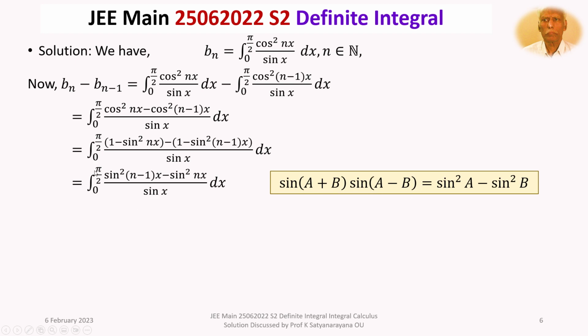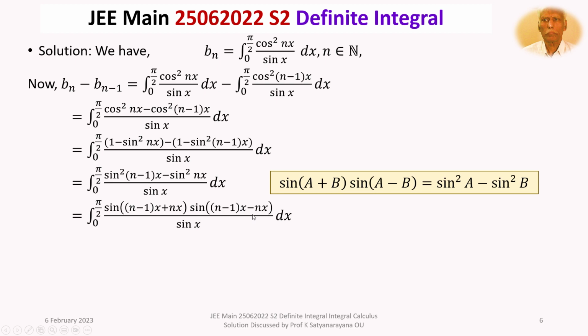So this is equal to the integral 0 to pi by 2 of sin of the sum of these two, that is n minus 1 x plus nx, multiplied by sin of the difference, n minus 1 times x minus nx, divided by sin x dx. Now here nx cancels and we have a minus x.